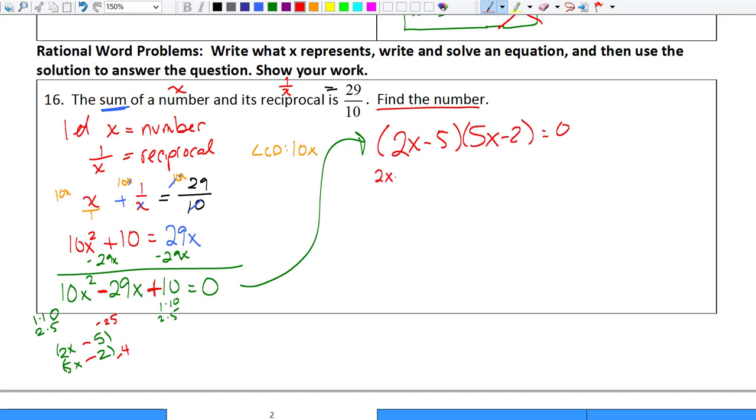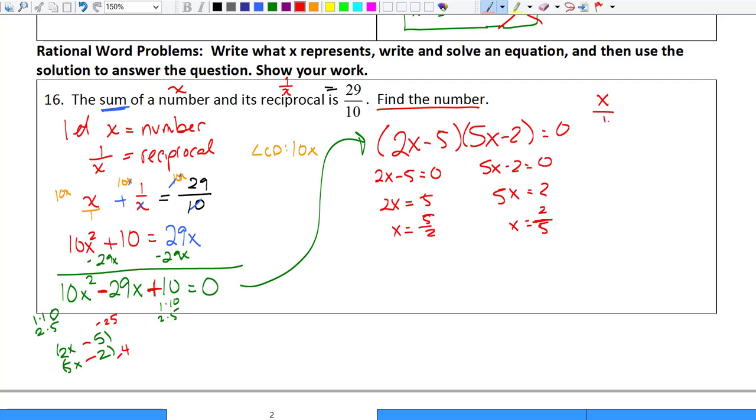I set both of those factors equal to 0. I'm getting 2x equals 5, so x is equal to 5 halves, and 2 fifths.